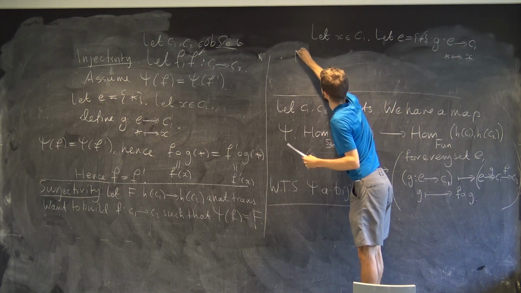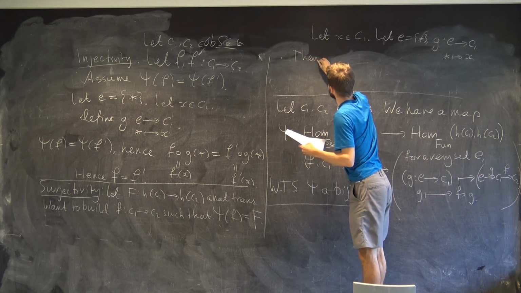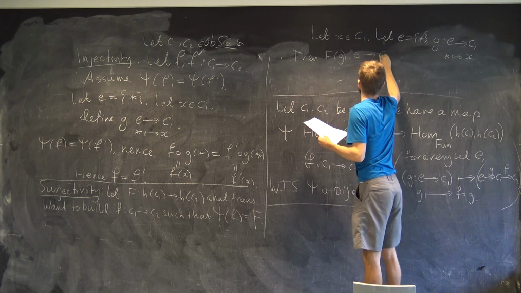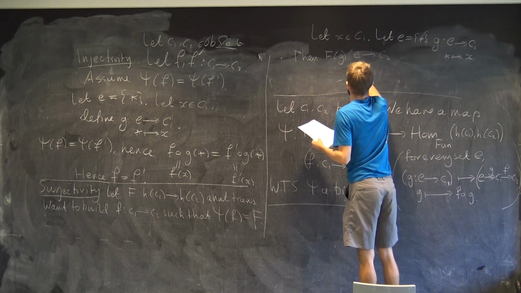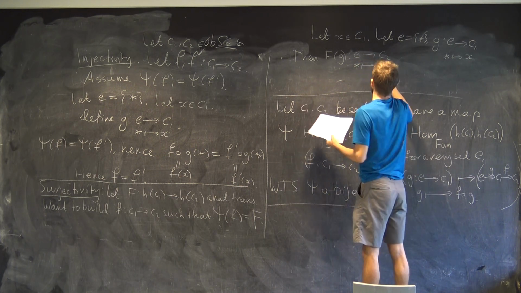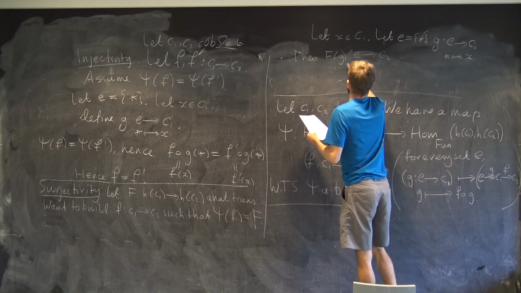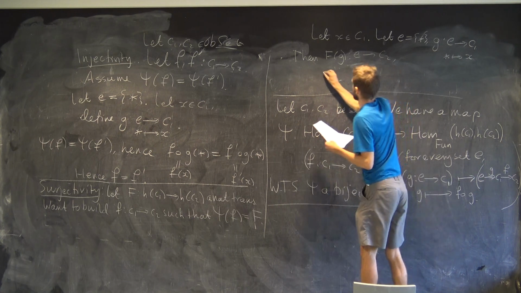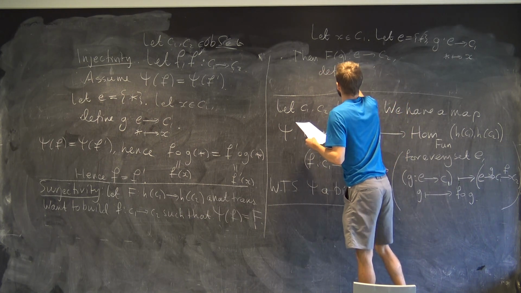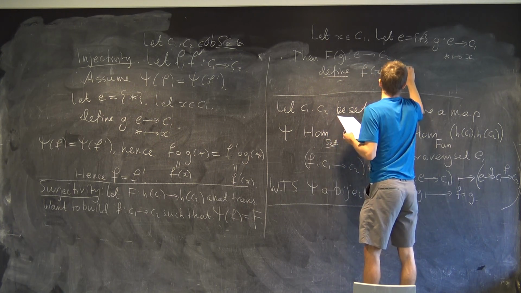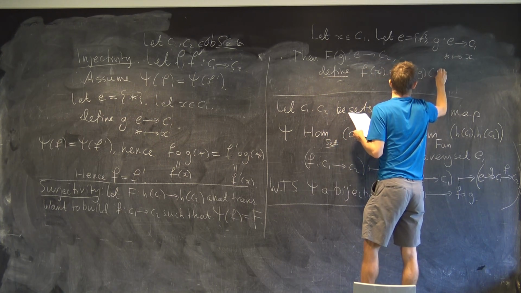So then capital F of G is a map from E to C2, and this star goes to something. I'm going to define little f of x to be capital F of G evaluated at star.